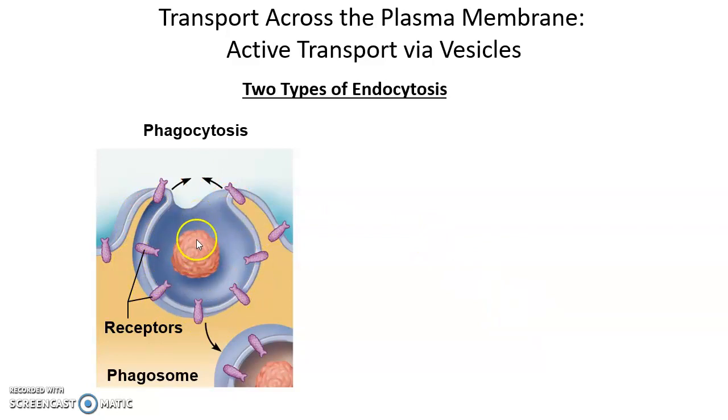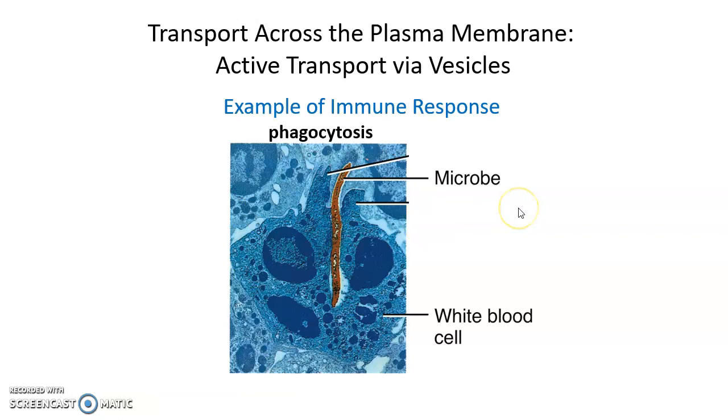So this is cellular eating. Phagocytosis, bringing something big and solid into the cell. Here's an example of phagocytosis where a white blood cell is surrounding, bringing in a microbe with the intent being to destroy that microbe. So our white blood cells use phagocytosis to bring in pathogens, microbes, and destroy them.